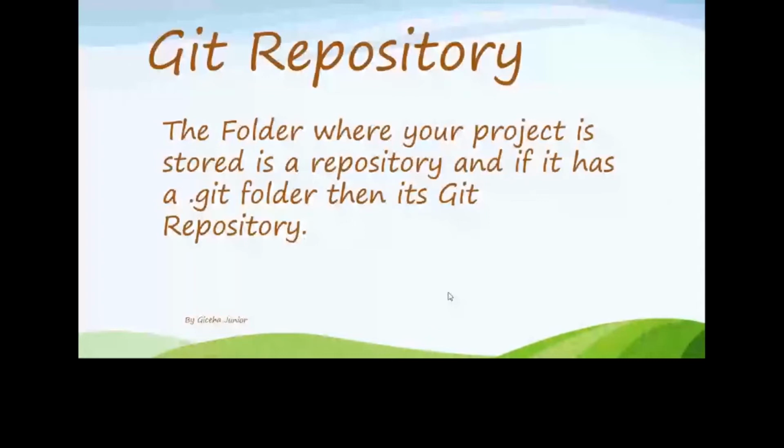If that project folder has a .git folder in it, then we call that a Git repository. And on your machine, such a repository we call a local Git repository because it has not been pushed to the server.